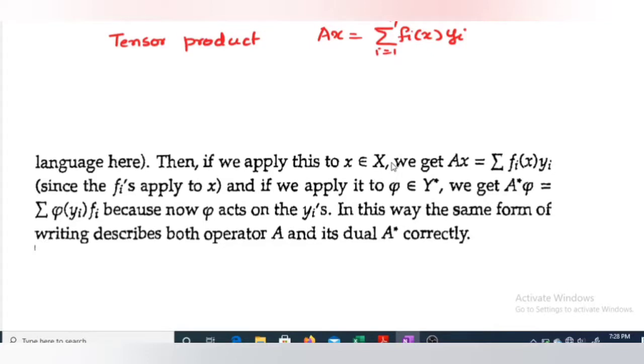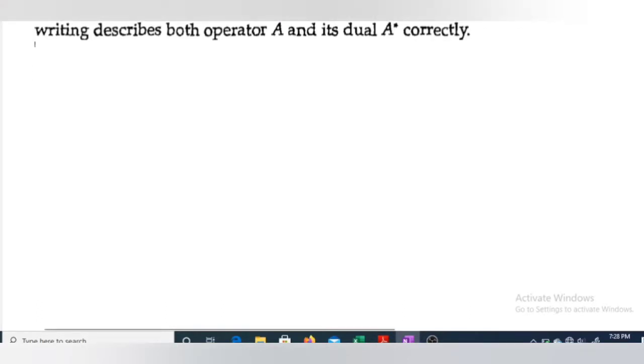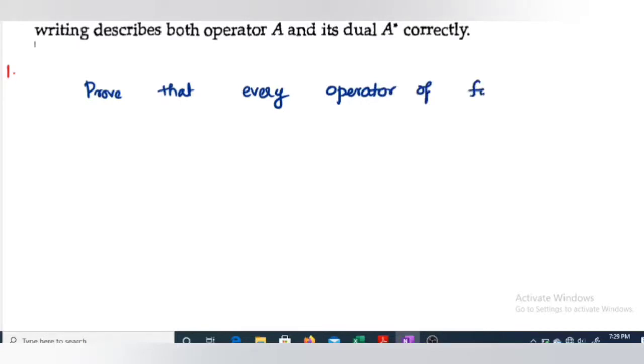Now we are going to prove one problem. First one is: prove that every operator of finite rank may be written as a tensor product.